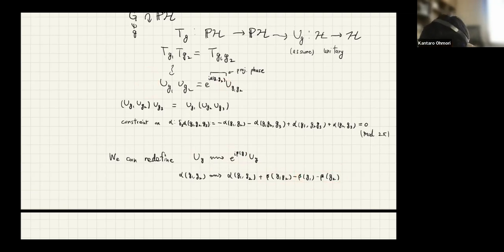Again, this is mod 2 pi, and I call this minus, the negative sign is just a convention, negative of delta 2 beta(G1, G2).